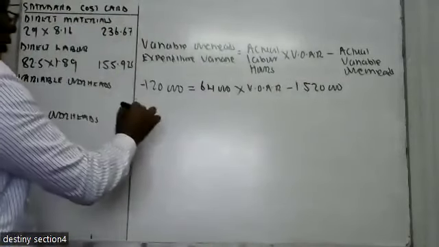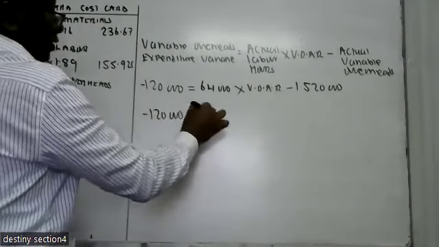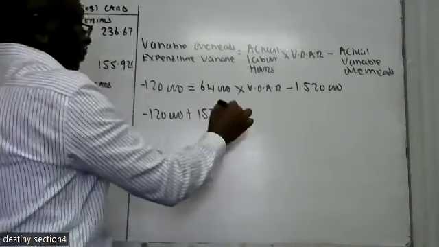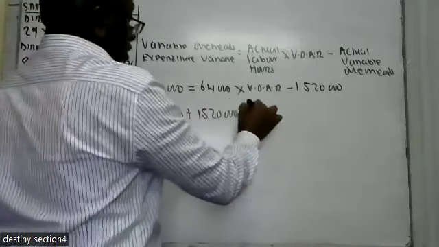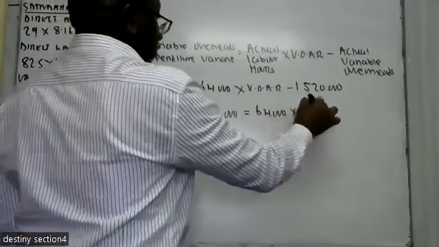So this is negative 120,000 plus 1,520,000, which should be equal to 64,000 times VOAR.